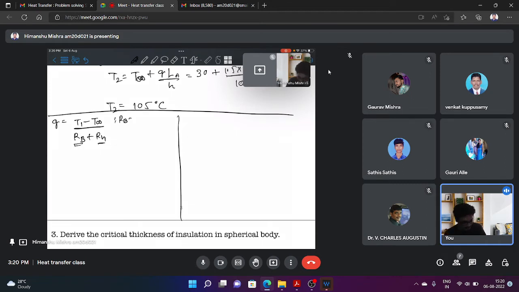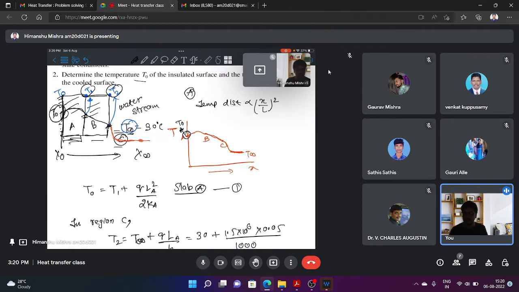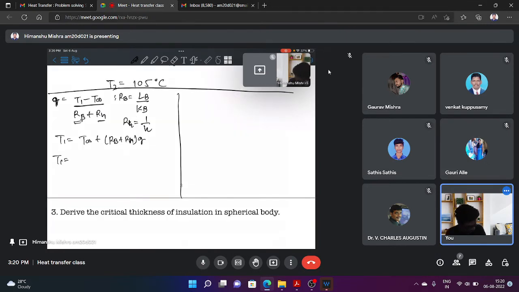RB can be given as LB by KB, and RH is given as 1 by H. From this equation I can find my temperature at the interface between slab A and slab B. We just need to substitute the values of heat transfer coefficient, thermal conductivity, and so on.